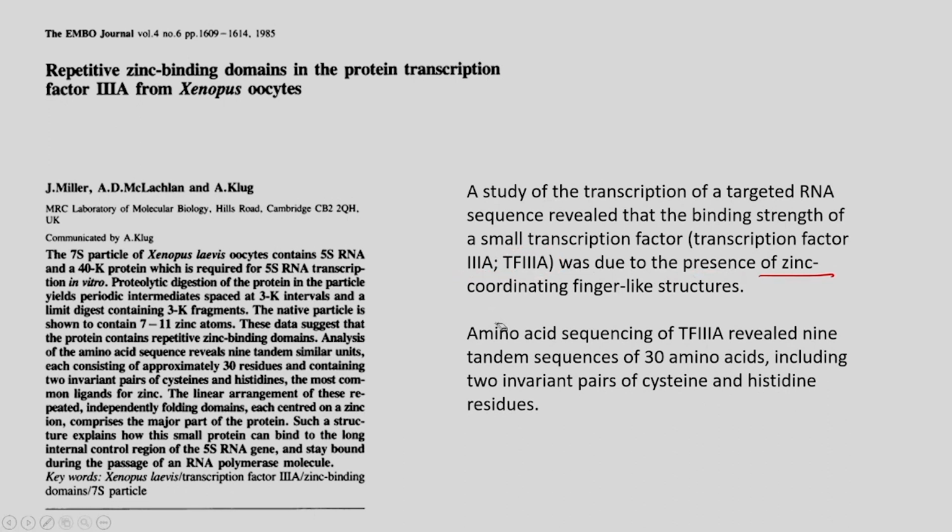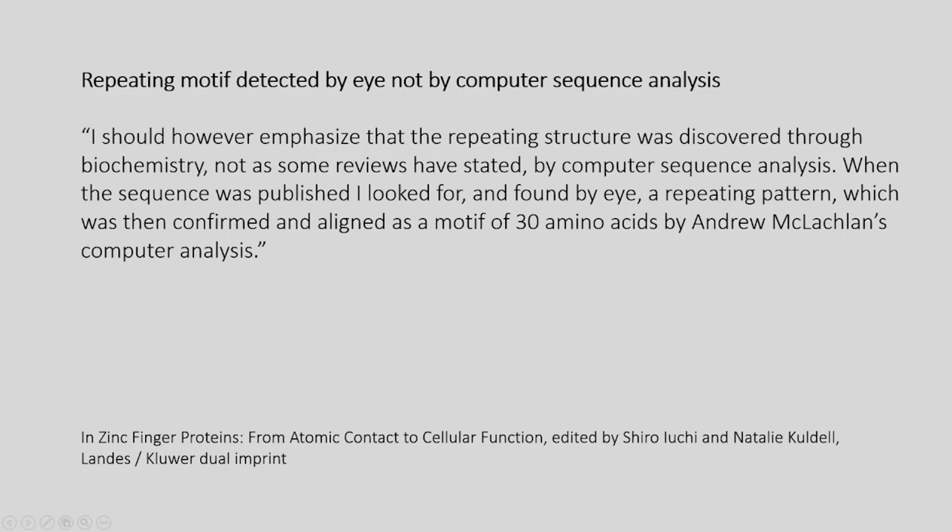To know about these zinc coordinating finger like structures, amino acid sequencing was done, and the amino acid sequencing of this particular TFIIIA factor revealed 9 tandem sequences of 30 amino acids, including 2 invariant pairs of cysteine and histidine residues.